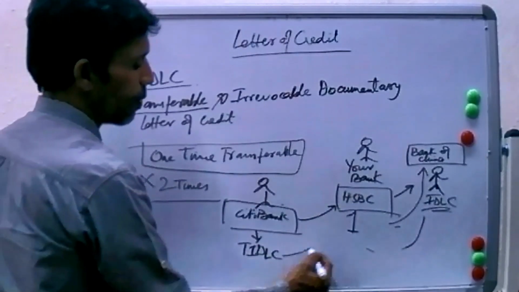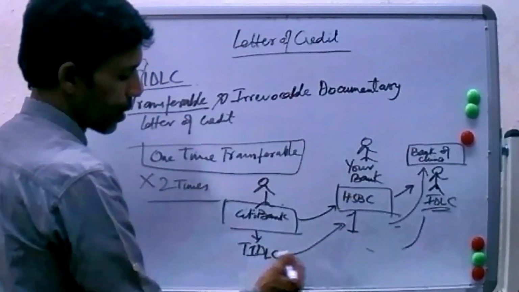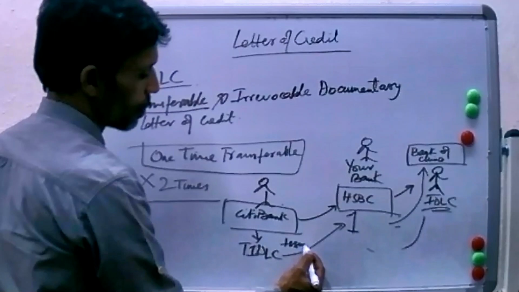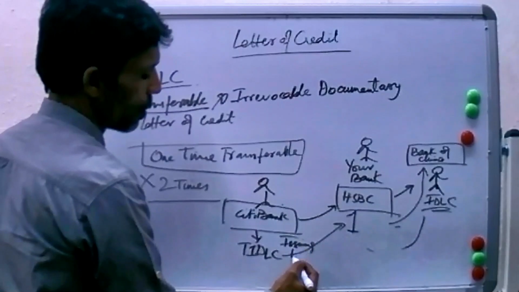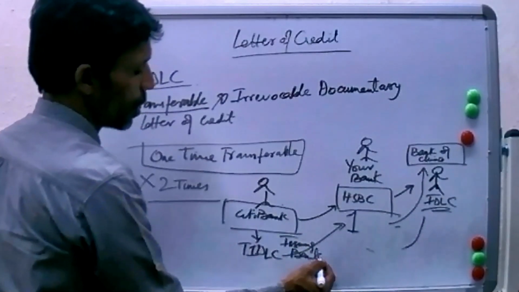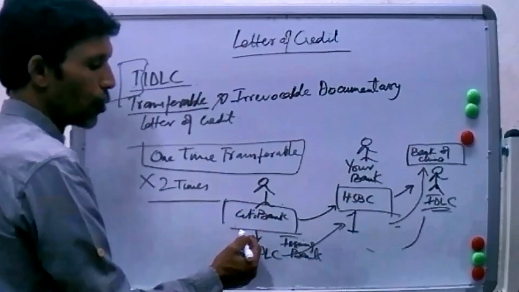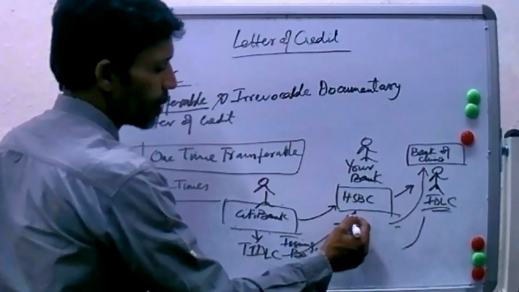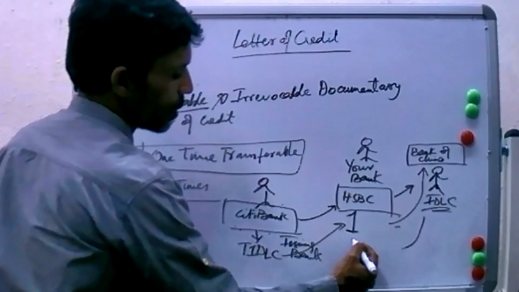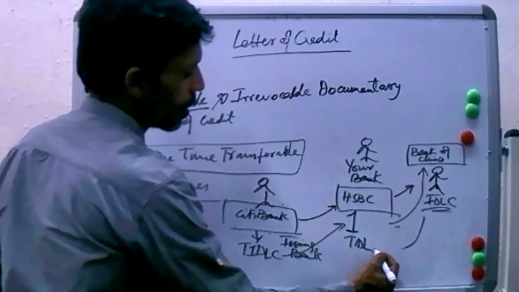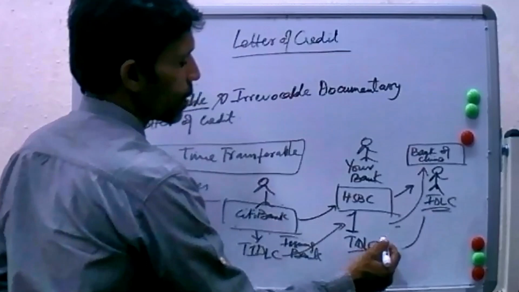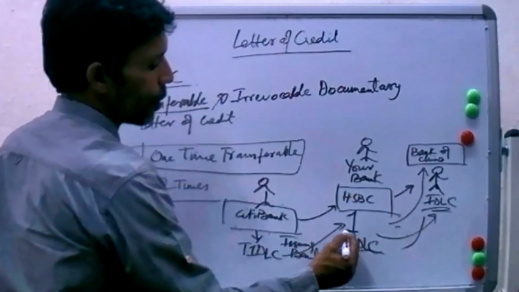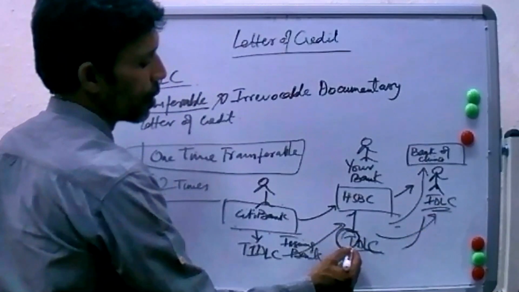It was prepared here and issued from the issuing bank. So once it is issued from here, then it is here. When it is here, it is TIDLC. Once it is issued from here to here, it will not have the same transferable name.